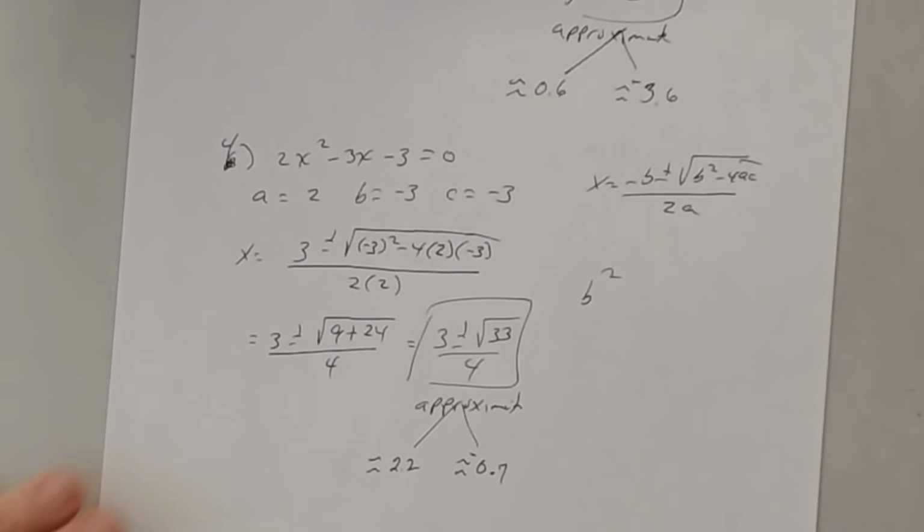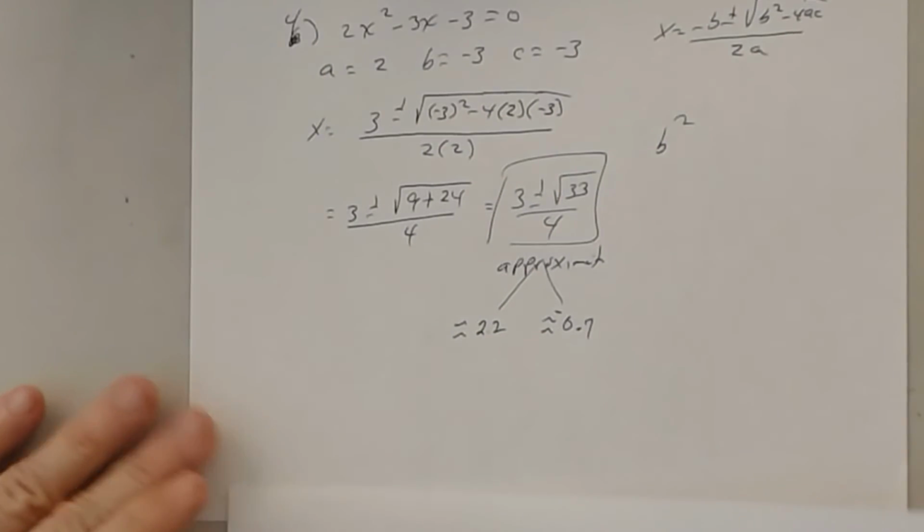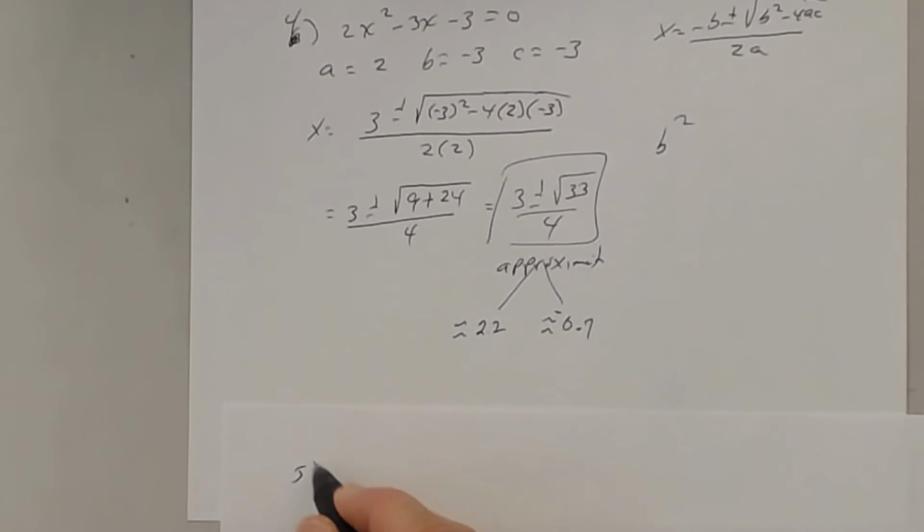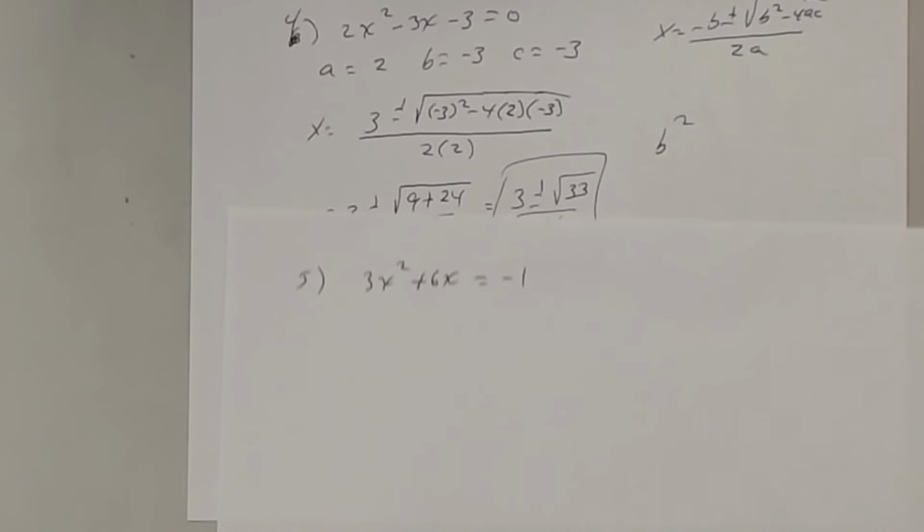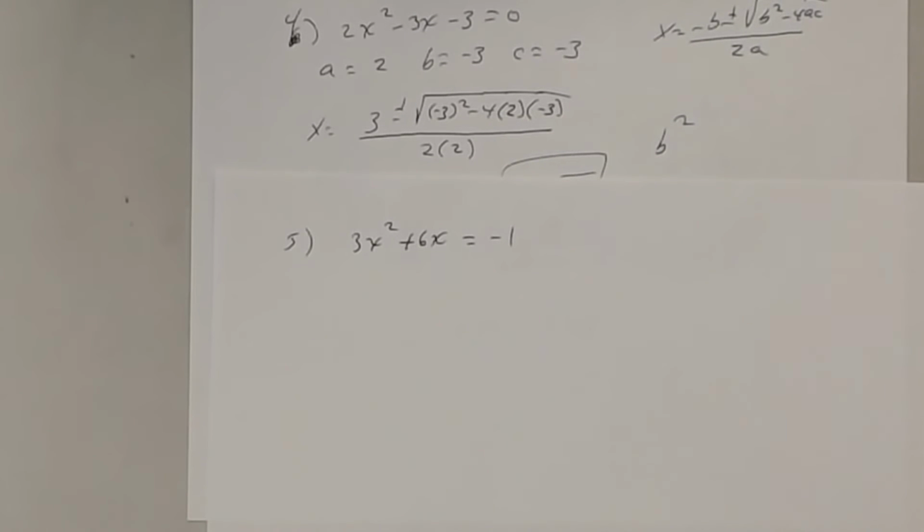All right, number 5. Number 5, suppose we had this. We had 3x squared plus 6x equal negative 1.